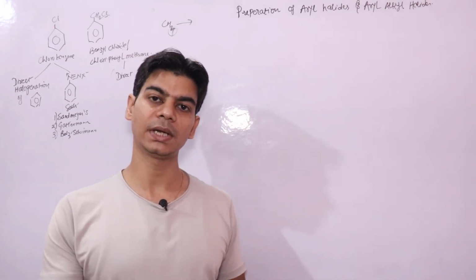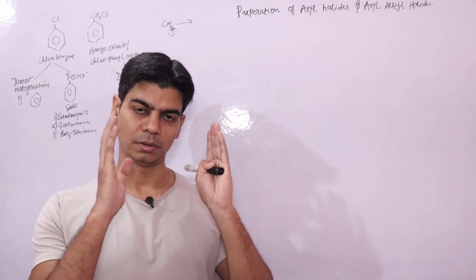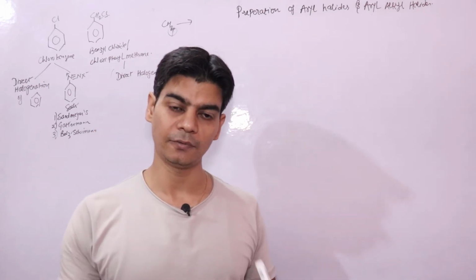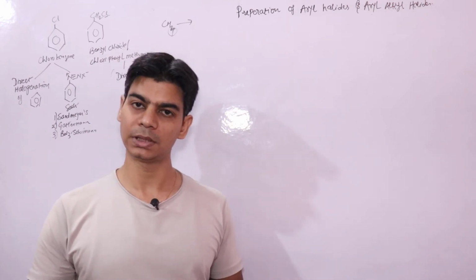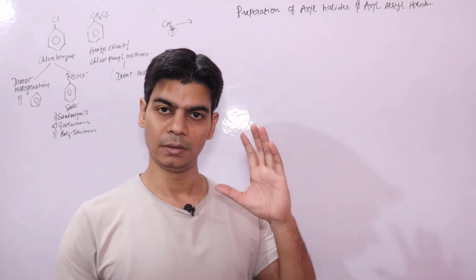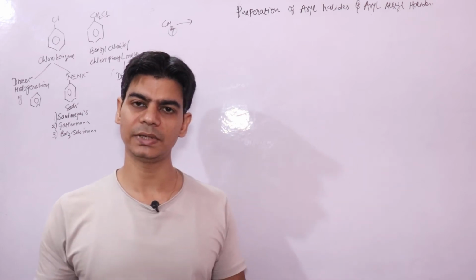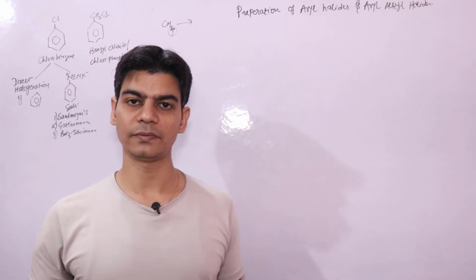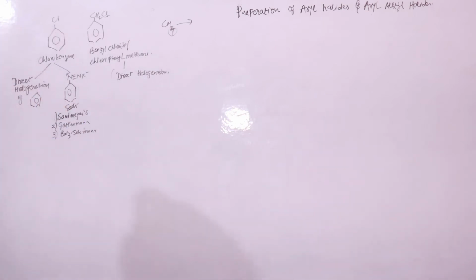So we would be using an oxidizing agent to prepare iodobenzene. And fluorobenzene cannot be prepared by direct halogenation, because the reaction between fluorine and benzene is highly explosive. It's because the reaction is very strong, so it cannot be prepared by direct halogenation.